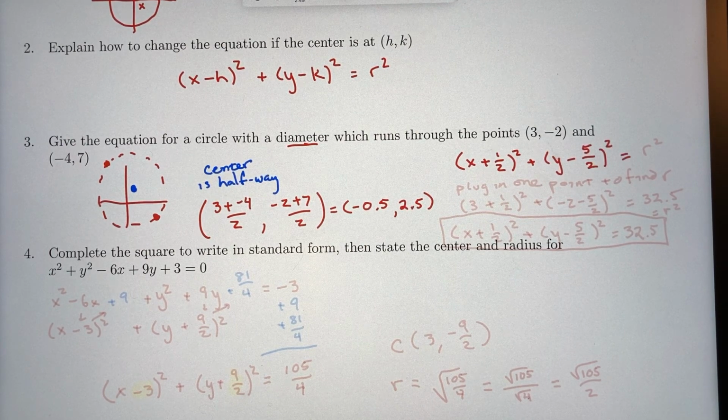I'm almost done. I just have to figure out what the radius is. Now there's two ways to do the radius. One is you can use the distance formula and cut it in half, but there's actually an easier way.